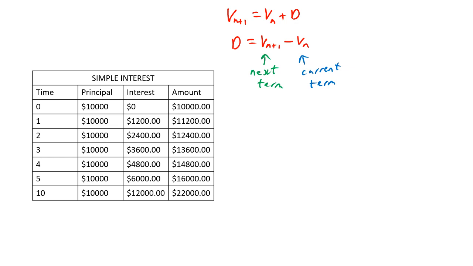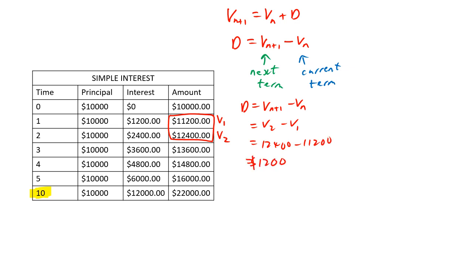All right, and so we can grab any pair of values that work. Be careful, because 5 and 10 are not consecutive, but we need two consecutive terms. So let's grab these two, and this is V1 and V2. So we can say D equals Vn plus 1 minus Vn, which equals V2 minus V1, which equals 12,400 minus 11,200, and that equals 1,200.